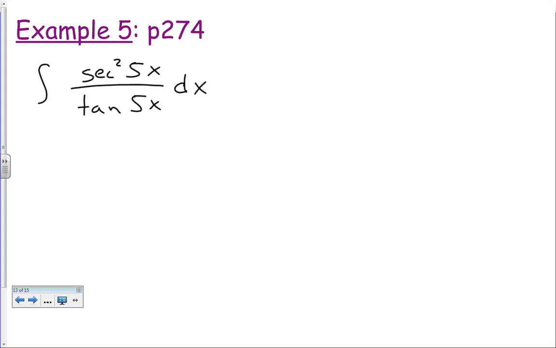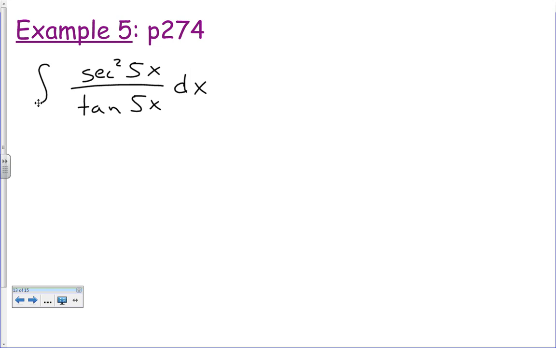All right. I'm going to use a u substitution on this thing. And it might not be quite as obvious initially what the u substitution might be here, but I have to keep in mind that I've now learned this antiderivative of my reciprocal function where the variable, or if you will, the inside function is the denominator. 1 over x, the variable there is the denominator.